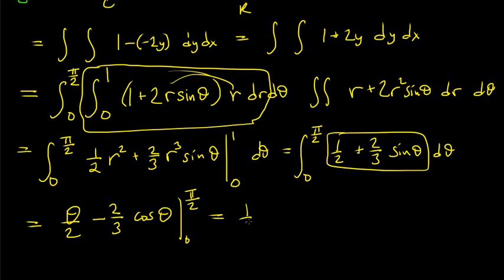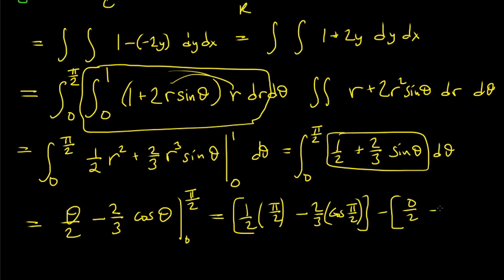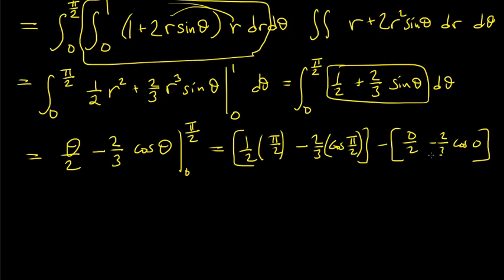So we get 1/2 of pi over 2 minus 2/3 of cosine of pi over 2, which is 0. Now be careful. When you plug in 0, you get 0 over 2, but then you get minus 2/3 times the cosine of 0. You don't get 0. Cosine of 0 is 1.